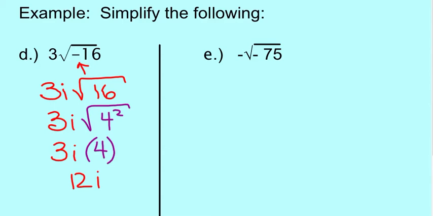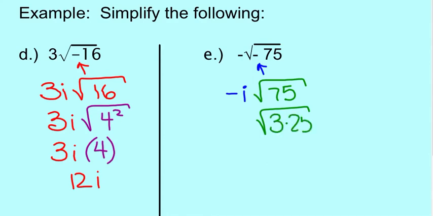Last example. I have a negative underneath the radical, so I'm going to replace that with an i. And then I have that square root of 75 still underneath. And now let's break down 75. 75 can be rewritten as 3 and 25. 3 times 25 is 75. I still have that negative i out there.